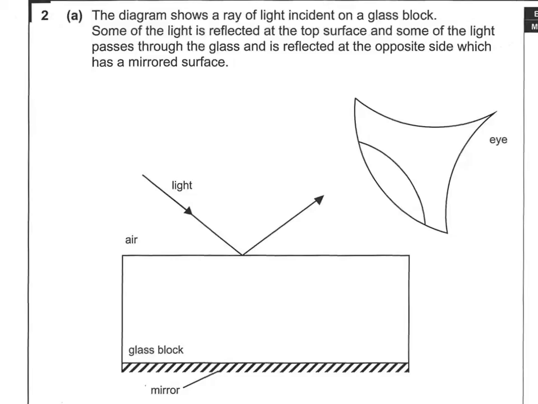And actually, because of the arrangement here, the angle coming back up is going to be the angle that it went down at. So this is going to end up going parallel to the original ray, but I don't think you're expected to know that. Okay, so this ray comes in like that, turns, heads to the mirror, it's reflected according to the laws of reflection here, and then it bends away from the normal on its way out.